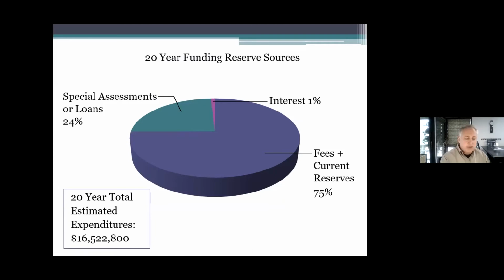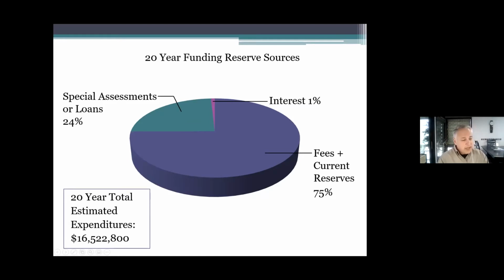So that plan we just looked at, in terms of the big picture over a 20-year window, the monthly fees and what was currently in the reserves accounted for 75% of all the project costs over 20 years. This particular example had a 20-year total of $16.5 million.